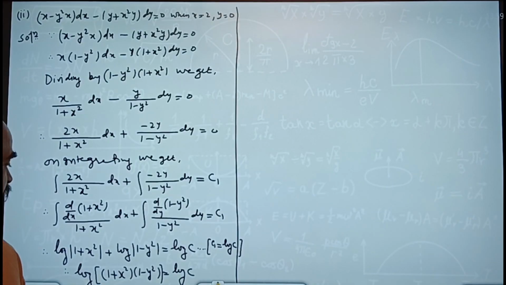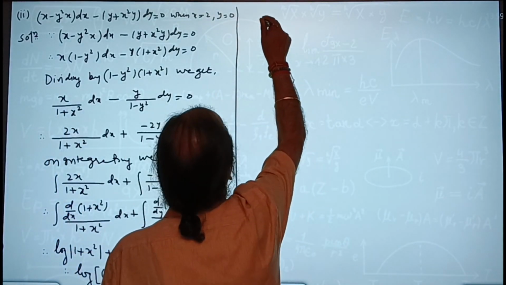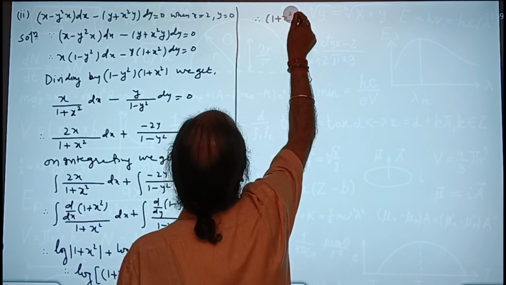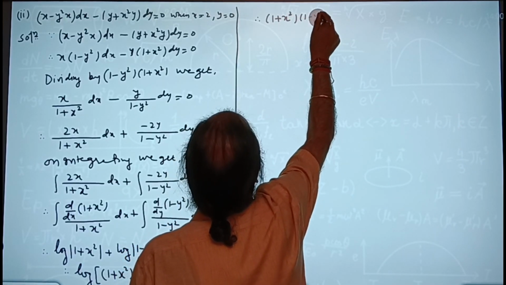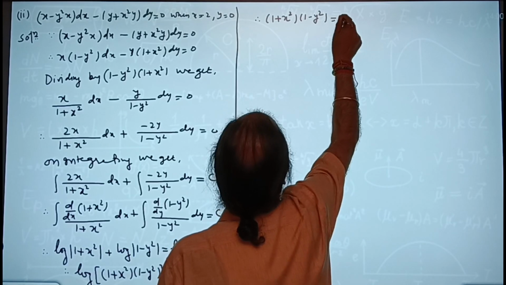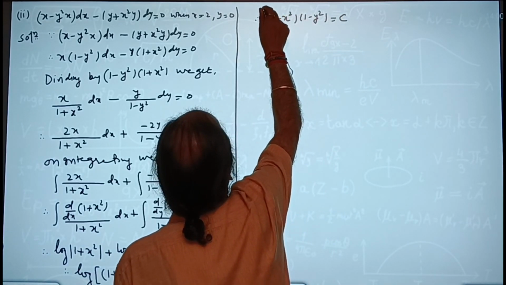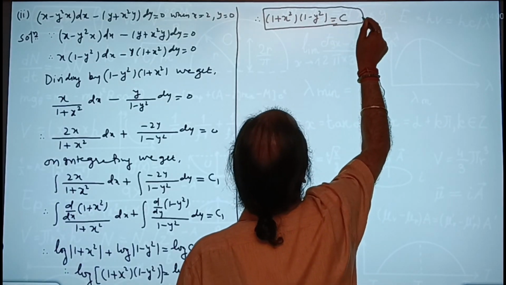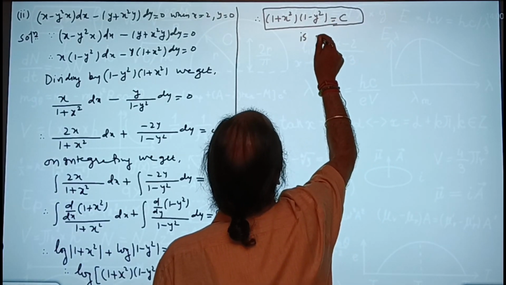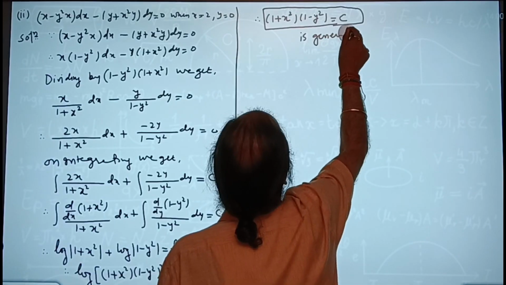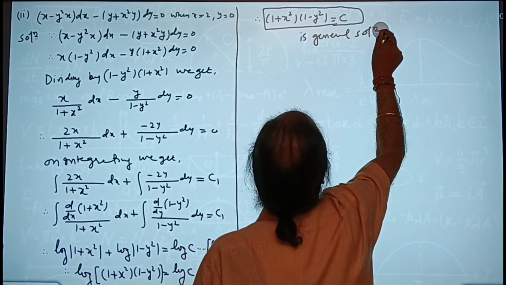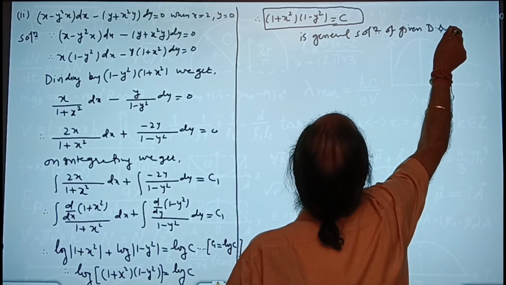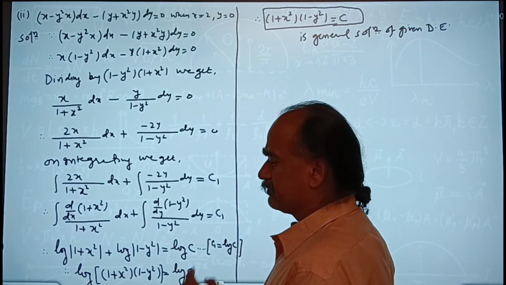Therefore, 1 plus x square into 1 minus y square is equal to c. Is general solution of given differential equation.